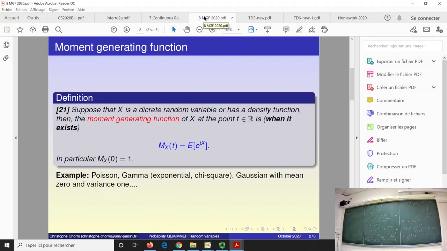The difference of logarithms is the logarithm of the ratio. Alpha times a logarithm is the logarithm of what I have inside to the power alpha, and exponential of logarithm is equal to identity. So I obtain this expression. If you are not able to compute directly the derivative of this one, you can use this expression, where you will just have to compute the derivative of exponential and logarithm.